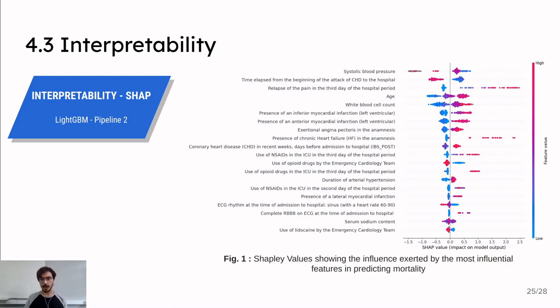Certain features like pain relapse, age, white blood cell count, and the left ventricular infarction positively correlate with mortality risk. On the contrary, elapsed time and opioid use in the emergency department are negatively related to risk. This plot suggests that a shorter time to hospital reduces mortality risk, emphasizing the importance of swift medical attention.